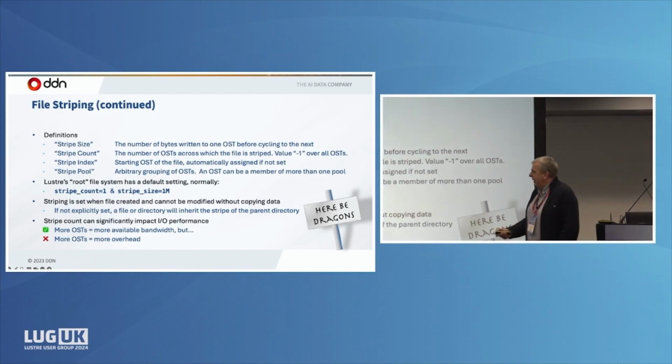In fact, if you look at your I/O profile and go from 1 to 2 to 4 to 8 to 16, for example, of stripe count, there is some point where your I/O will benefit from a certain number of OSTs, and this is very much user and application dependent.